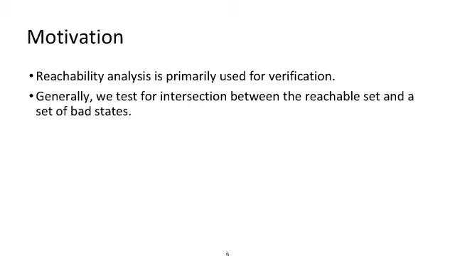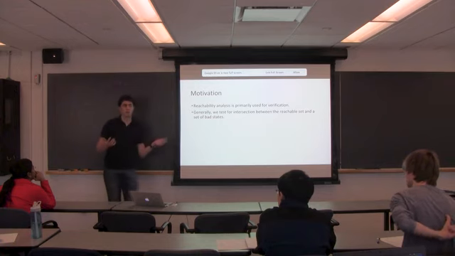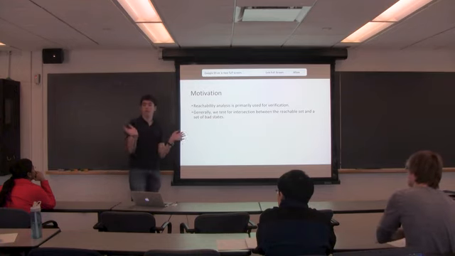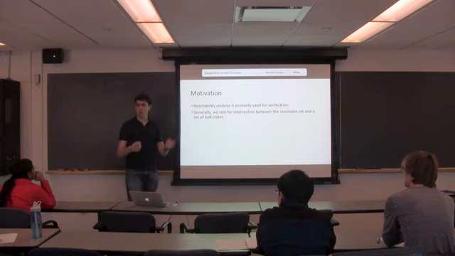And one of the applications for reachability is for verification. Verification is just the task of making sure that we are never going to reach any bad states. So for instance, let's say we have a microwave. A bad state is the microwave being open and on. We want to make sure that these bad states are never reachable.